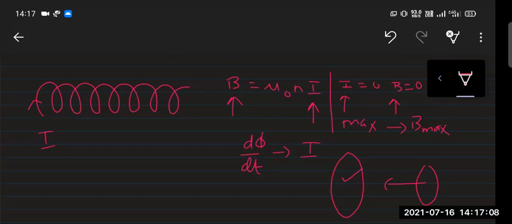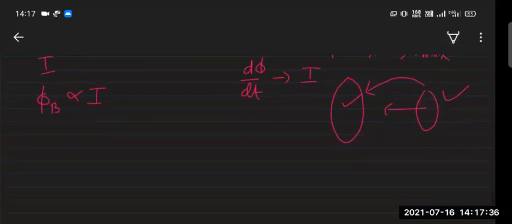So in this case, your magnetic flux depends on current. The current over here will lead to magnetic flux in this coil.